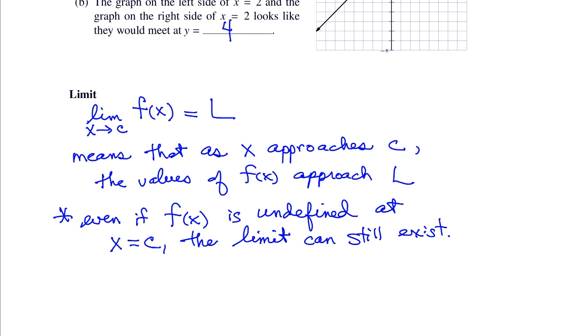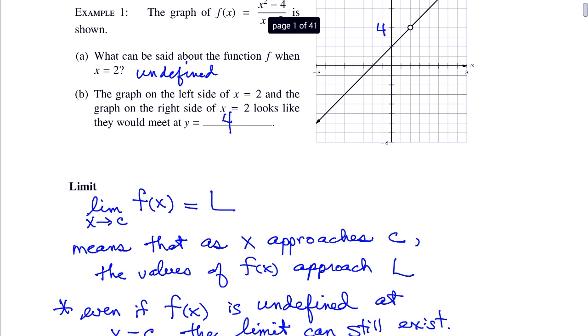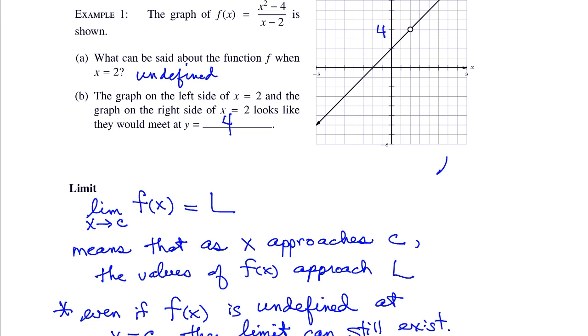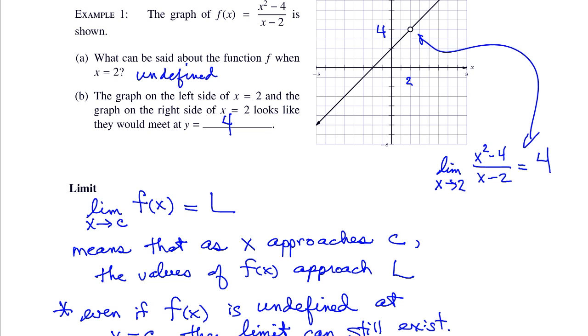If we look at the problem above here, then the limit as x goes to 2 of x squared minus 4 over x minus 2 is equal to the y value, 4. And that is what is embodied in this example right here. And that's sort of how we're going to write these when we get down to them.